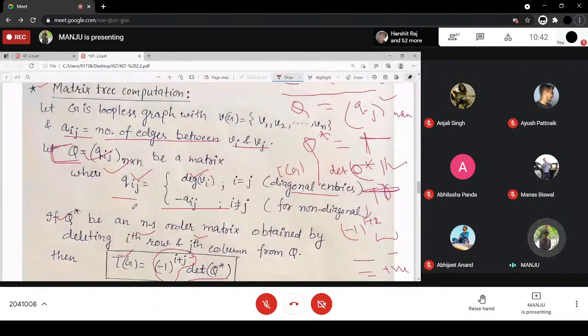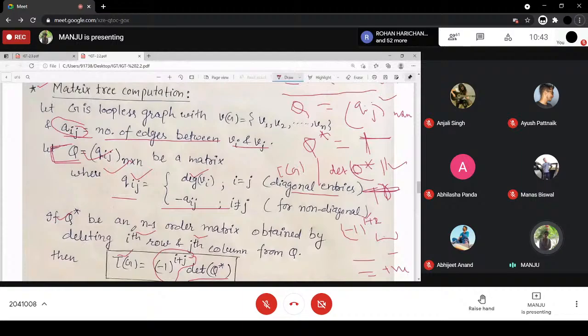So what we did in matrix tree computation, this is again the matrix tree theorem. The statement is this: if you have a loopless graph with V(G) as vertex set, and Aij denotes the number of edges between Vi and Vj, then let the matrix Q star be obtained from Q. Q is Qij, n by n, where Qij is the degree of Vi for diagonal entries, and at non-diagonal entries minus Aij.